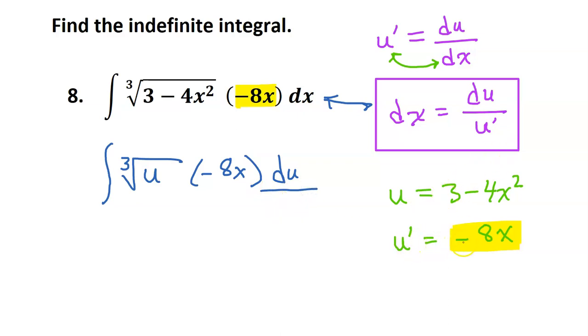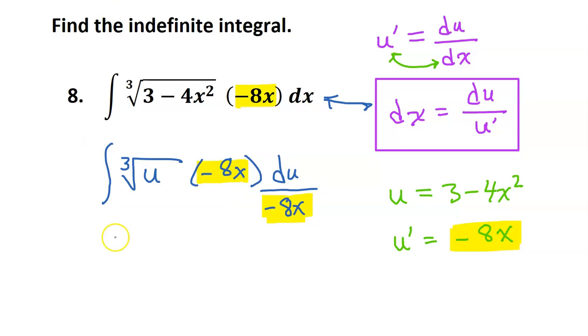Well, u prime is negative 8x. So I'm going to put negative 8x. Now, notice that we have negative 8x in the denominator, and we have negative 8x right here. So these are going to cancel each other out.